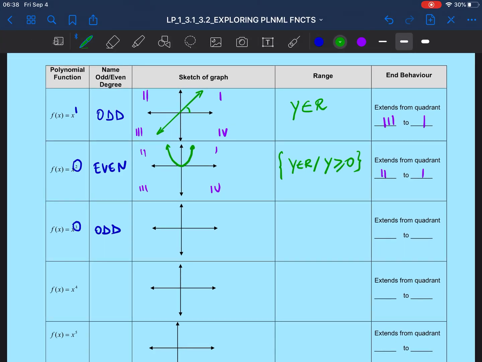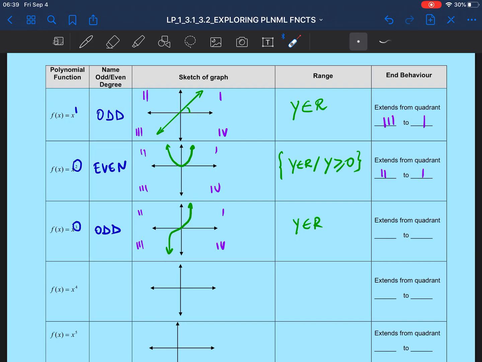So the graph is somewhat curvy here. Okay, and we're going to say that the values of y will be any real number, because you can tell that the y values are negative and positive.